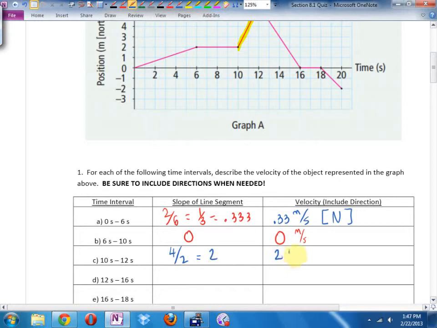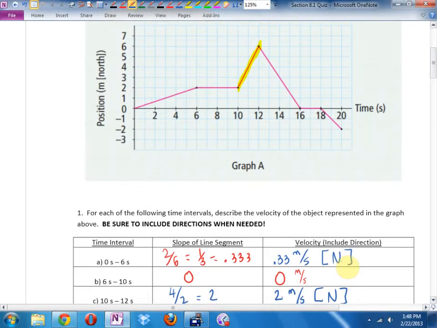Velocity, 2 meters per second. North, 1 mark for that, half mark off if you missed the direction or if you missed the units. Or if you got the wrong velocity.